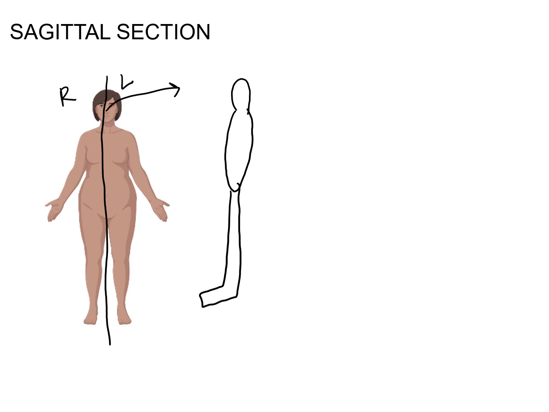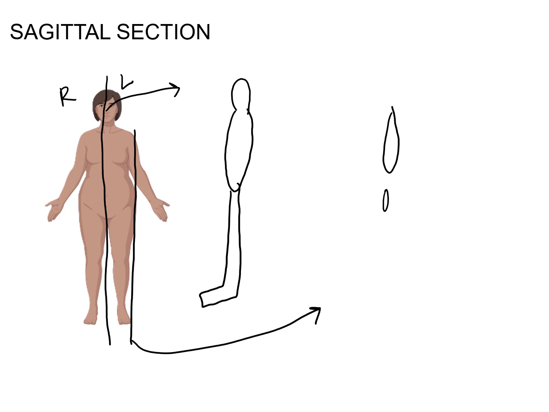Okay, so other sagittal sections can divide the body into right and left halves. However, some sagittal sections, those right and left halves, are not equal. And in that case, we would actually create a very, very different plane. In fact, there you just have the arm and a little bit of the hip, right? So however these two halves are not equal, you still get a resulting picture.